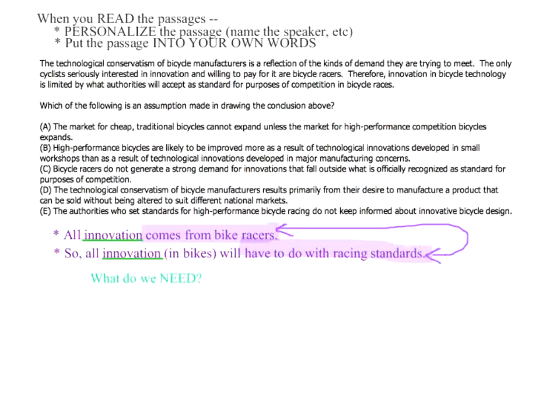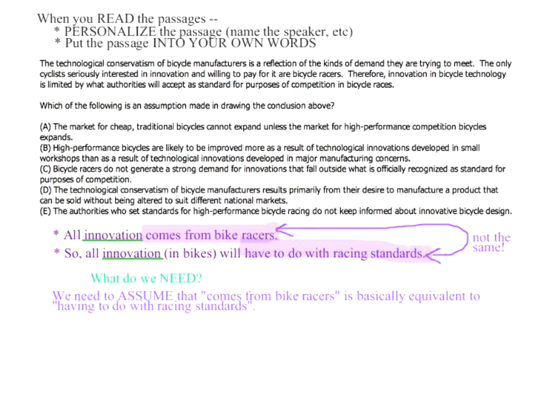So when things are not the same, but the argument treats them as though they were, you need an assumption to connect those. So we need to assume that comes from bike racers is basically equivalent to having to do with racing standards. You got to connect those.